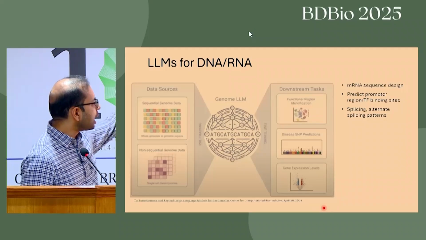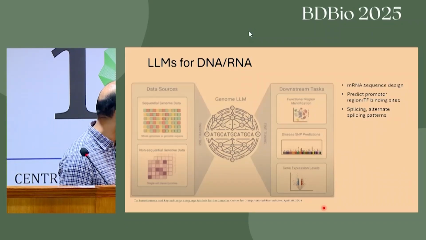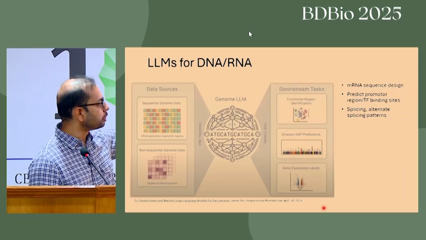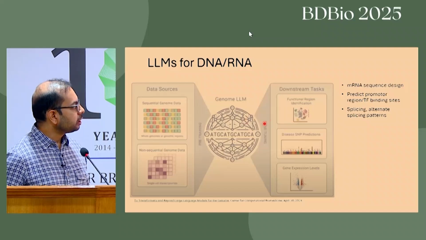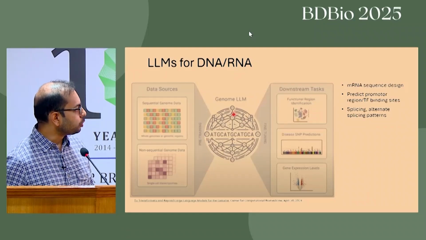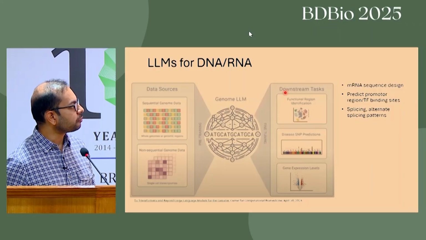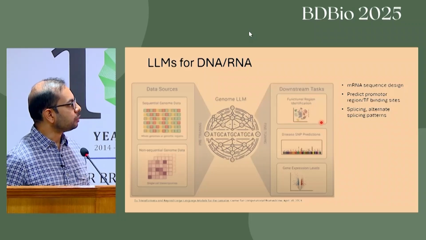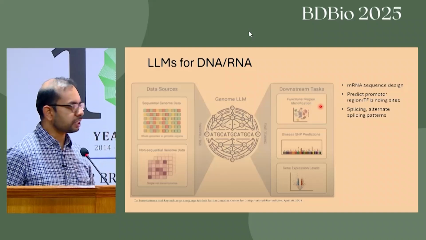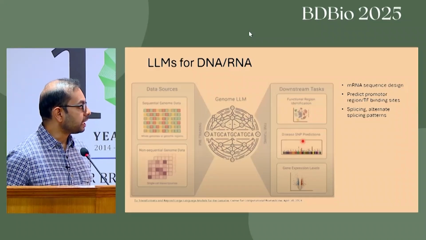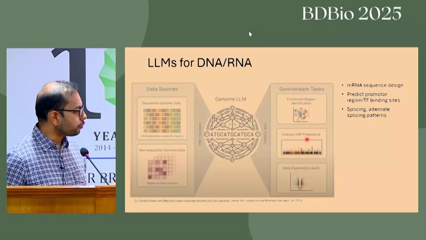Suppose you have data sources, you have sequence data and you have some other non-sequence data also, and you train an LLM. Suppose this is your LLM. You do the pre-training and you get this LLM. Then you do fine-tuning for various downstream tasks. You can have functional region identification, so which are the functional regions in the DNA. You can predict which SNPs are responsible for which diseases.